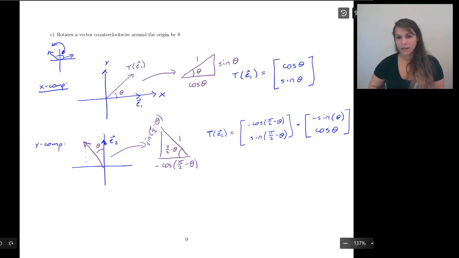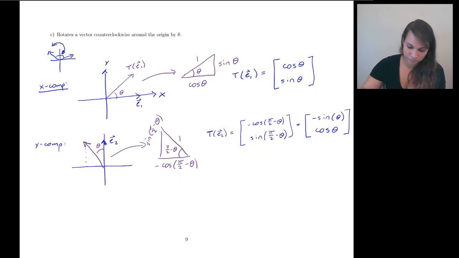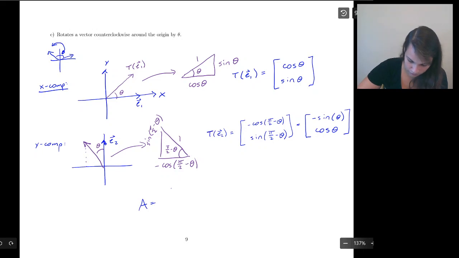And then if you shift sine by pi over 2, you get cosine. If you don't believe me, just go plot those really fast. Okay, so then A is equal to cosine theta, sine theta, negative sine theta, cosine theta.